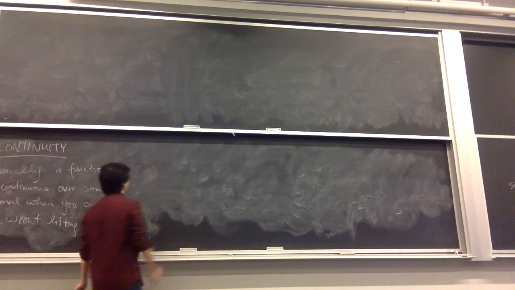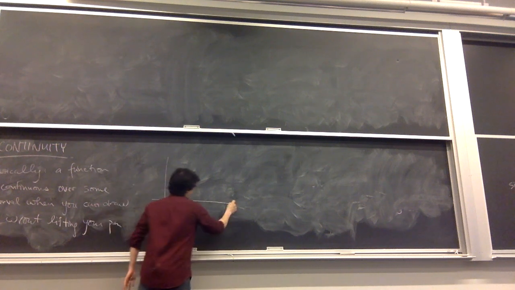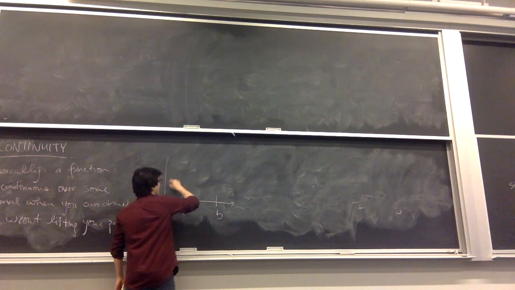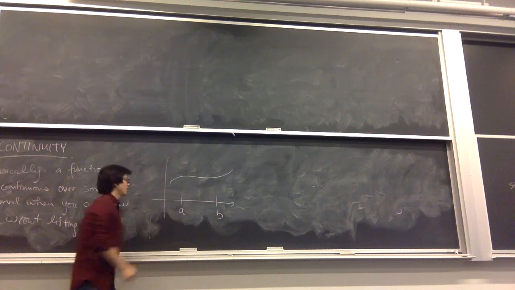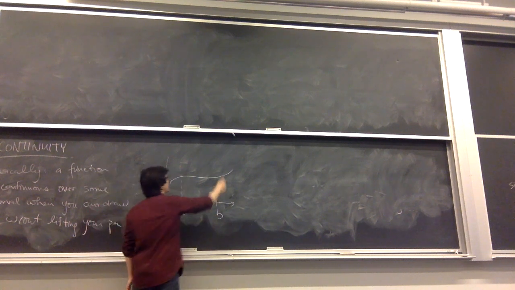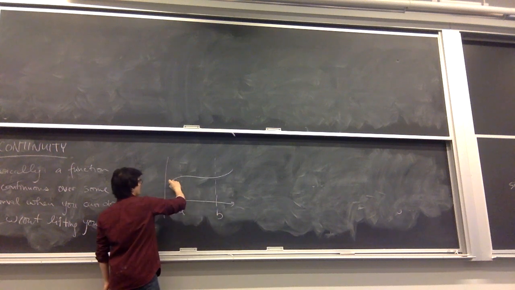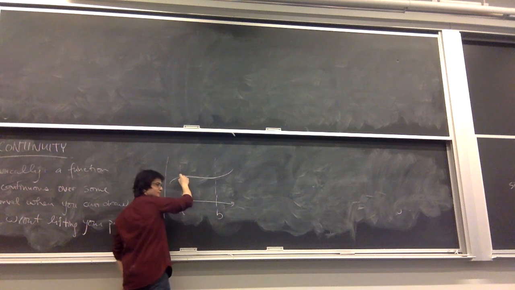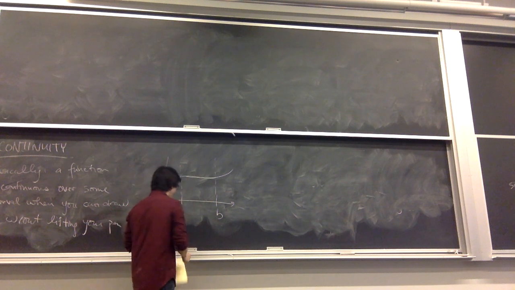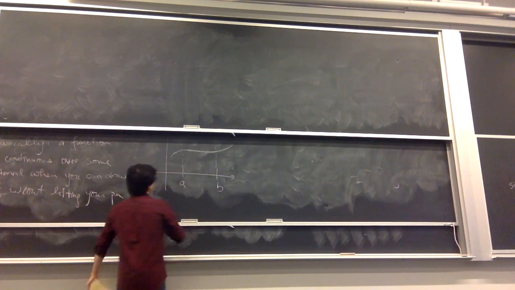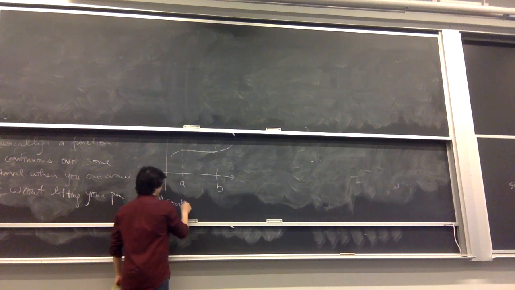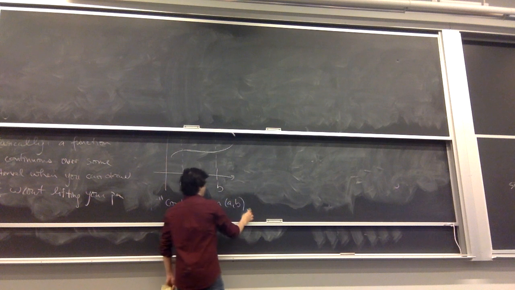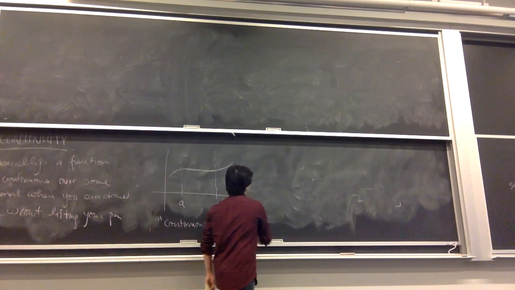So here are some examples. Let's restrict it to the interval AB. Here's a function. If I'm restricted to this domain, can I draw this function without lifting up my pen? Yes. So here we say that this is continuous on A to B. Here's another one.